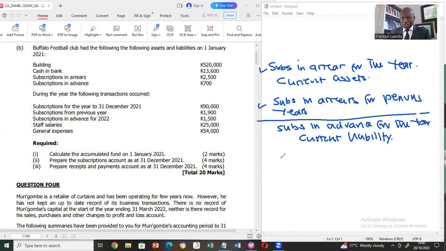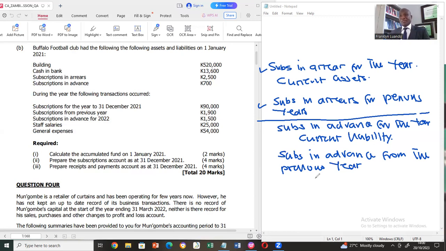Subscriptions in advance from the previous year. Subscriptions paid in advance from the previous year.